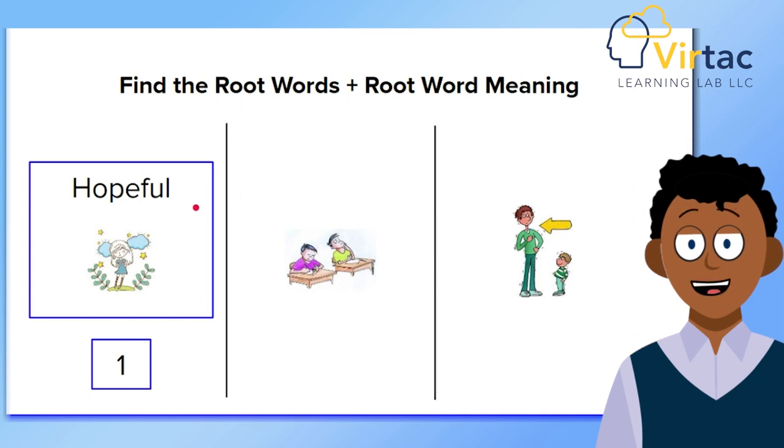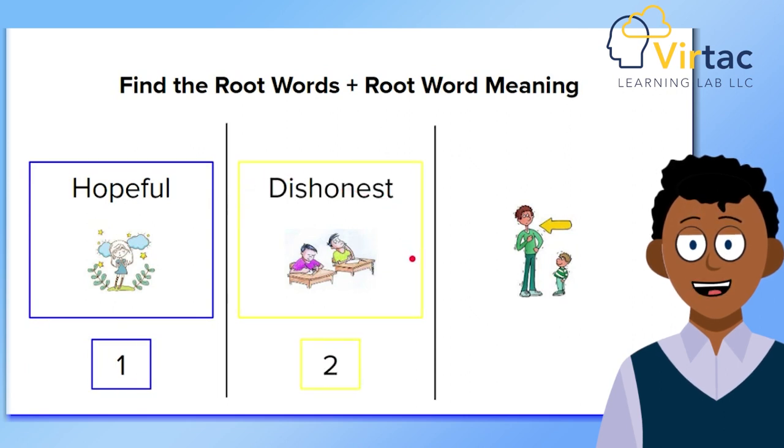Word number two, dishonest. What's the root word for dishonest? First, write the word dishonest on your sheet of paper. Second, highlight the root word in dishonest.